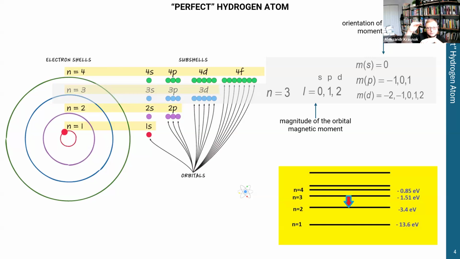We count energy from 0, and everything that goes down is negative, a bound state. All energy that is positive, like kinetic energy, when you take an electron from the atom and it gets some kinetic energy, will be positive. That's why this energy level is negative.